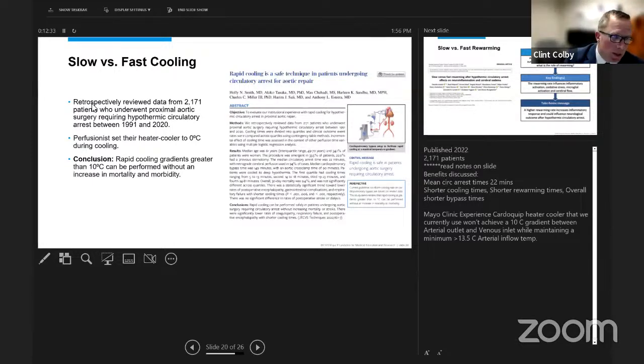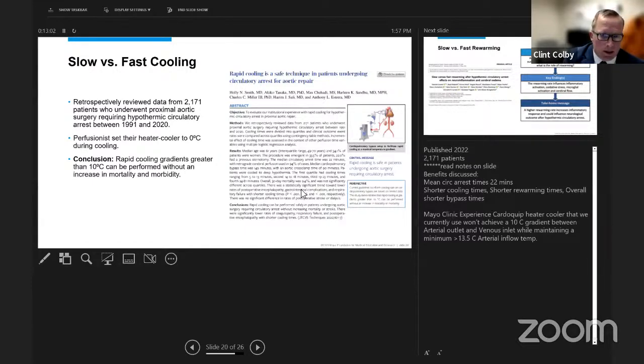This was a retrospective study that looked at perfusionists that set their heater coolers to 0C. This was all in one center. And the conclusions of the paper: rapid cooling gradients greater than 10C can be performed without any increased mortality or morbidity. This obviously goes against the guidelines, and this is one study.